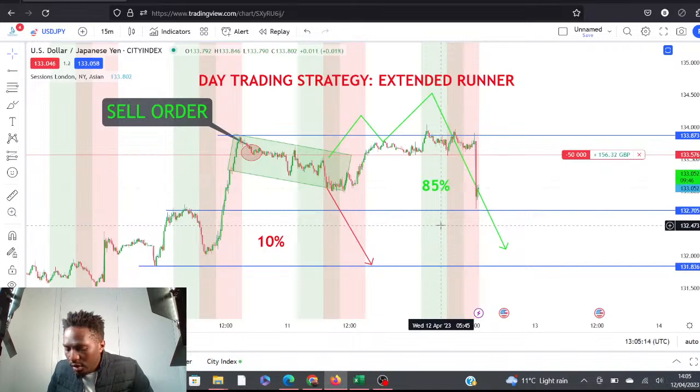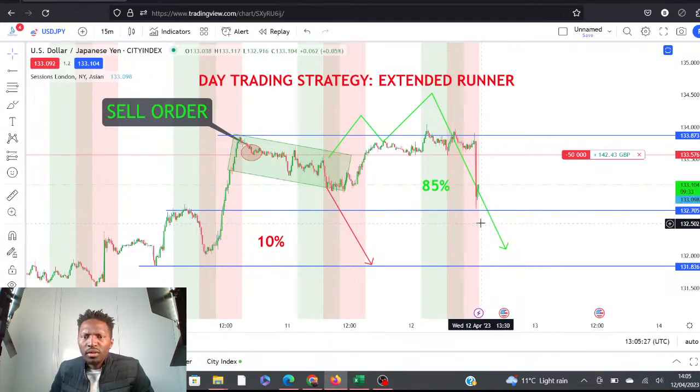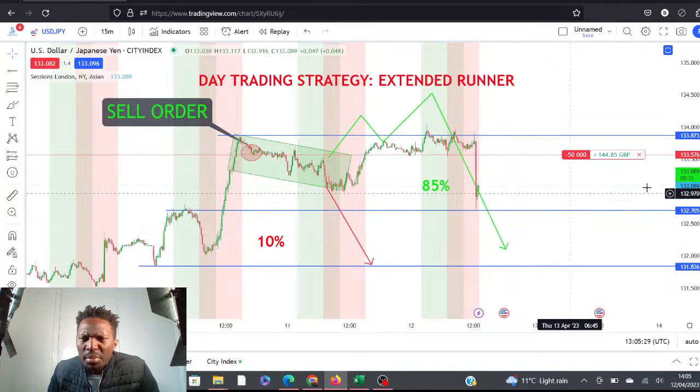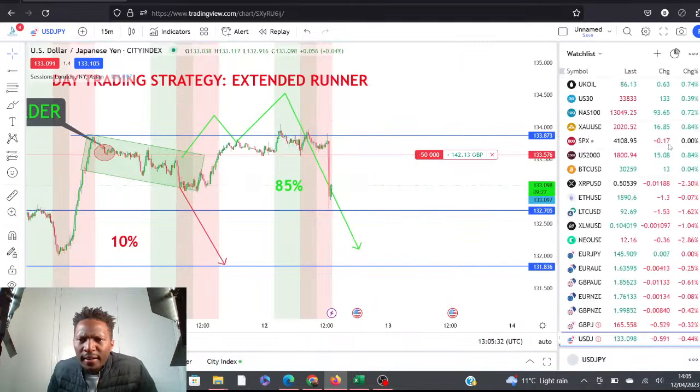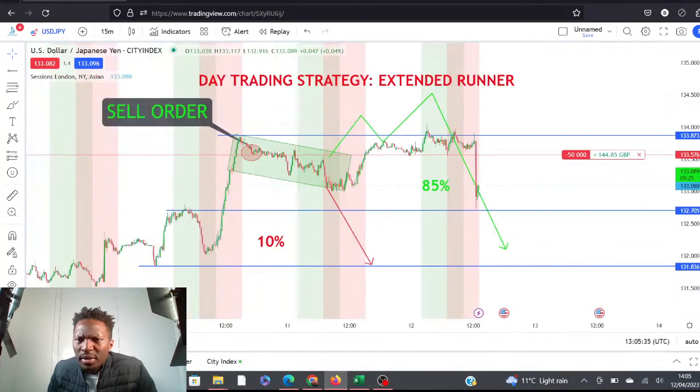And we also got an interest rate decision from Canada at 3 o'clock. That's an hour 55 minutes from now. So it looks like I might have to check my Canadian dollar currency pairs and see if there's a potential trade for me to take.